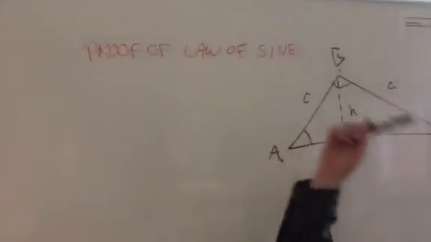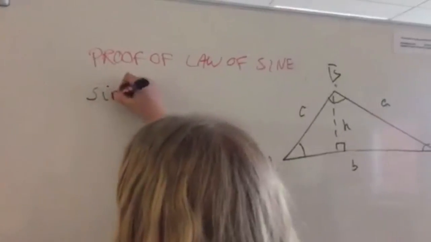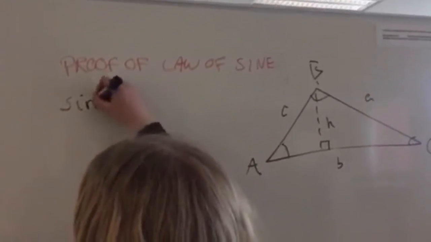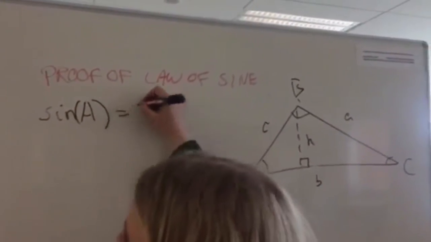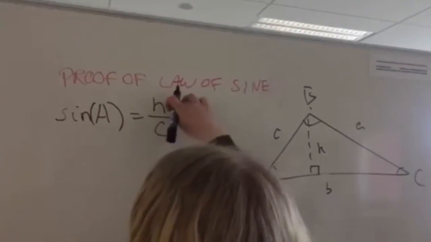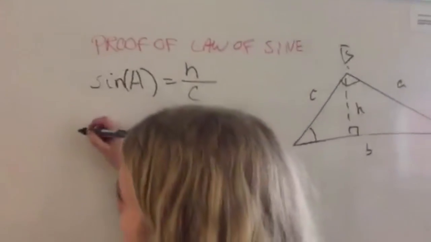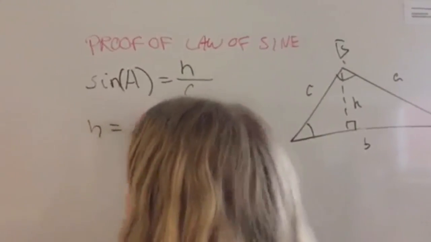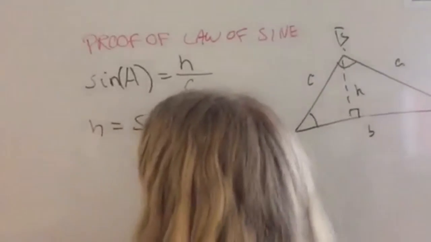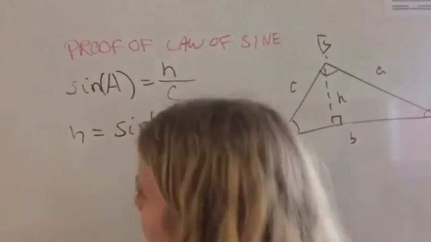Now we have to prove the law of sine, and we have the equation sine A, which is going to be equal to h divided by c, and that is the same as writing h equals sine A times c.